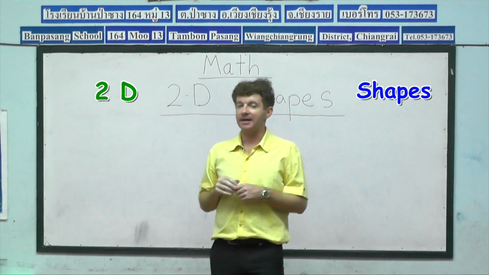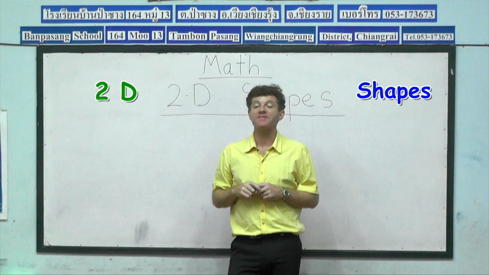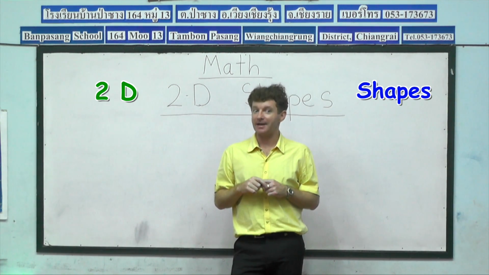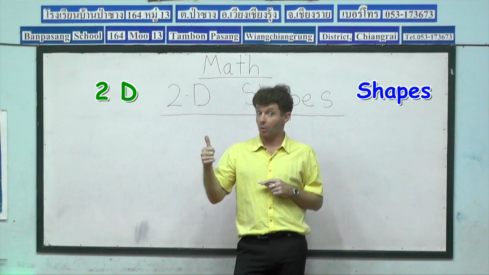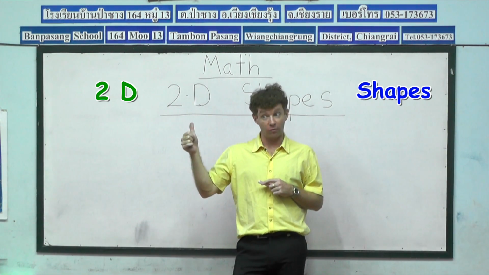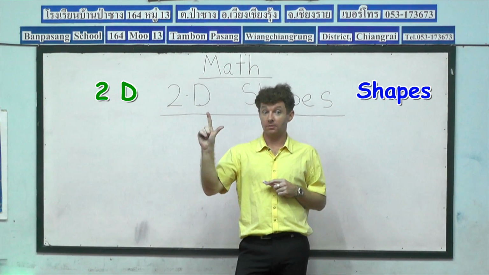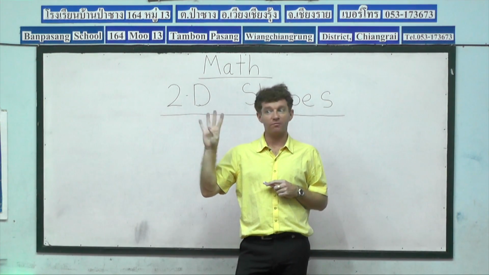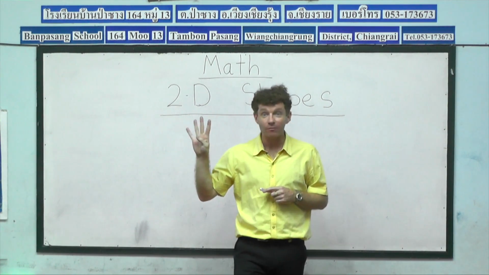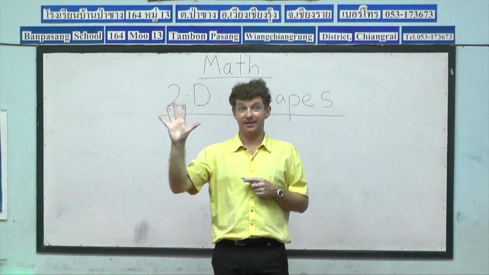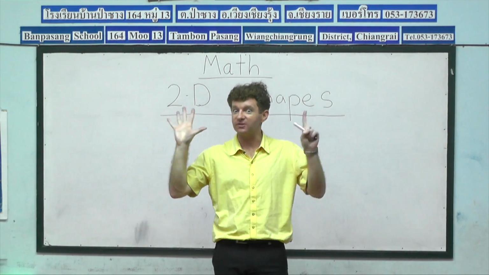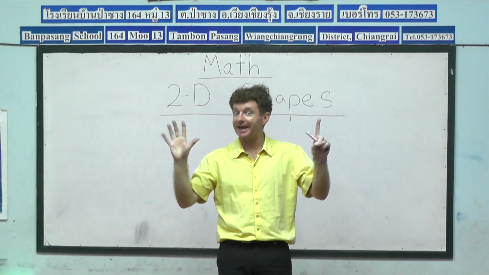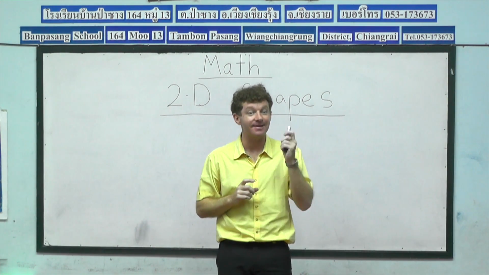And in the last lesson, we were looking at shapes that had 6 sides. Not 1, circle and oval. Not 2. Not 3, like a triangle. Not 4, like a quadrilateral. Not 5, like a pentagon. But 6, like a hexagon.